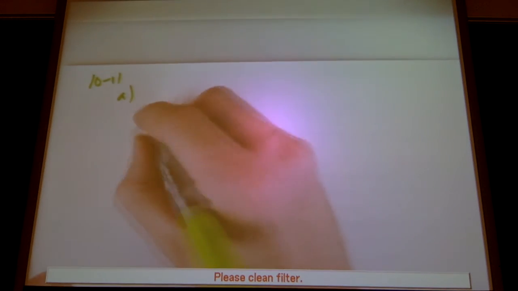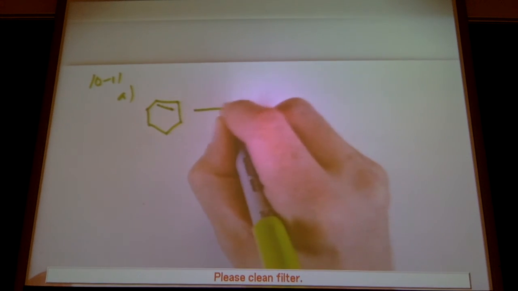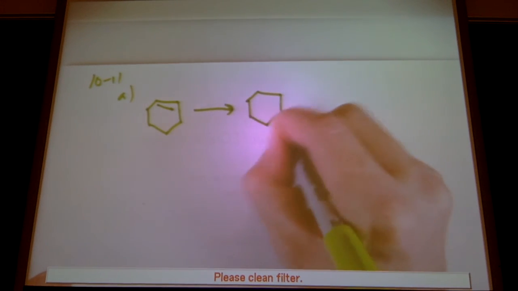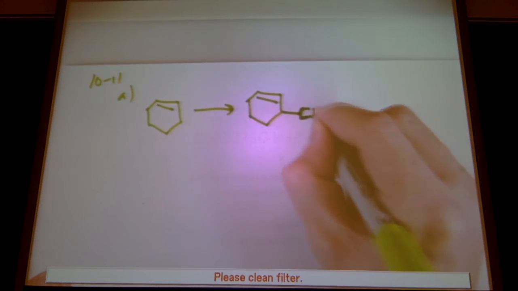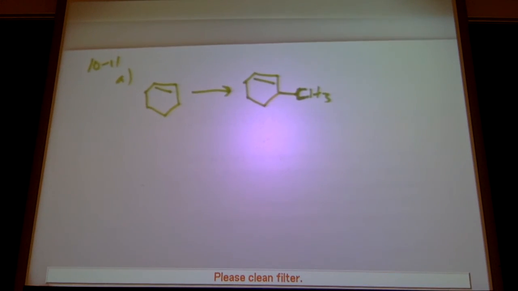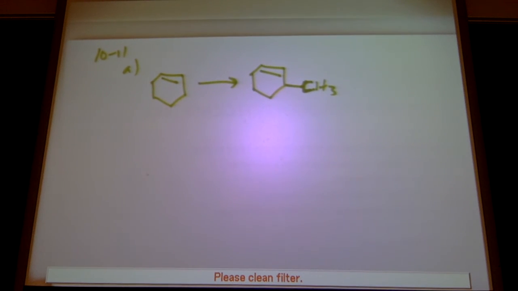More than one step is required in each case. So this is one of those synthesis types of problems. It'd just be a CH3 there.